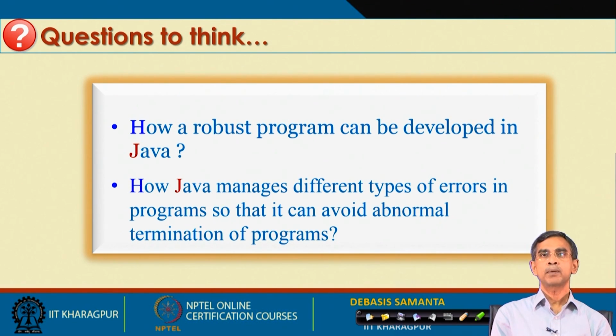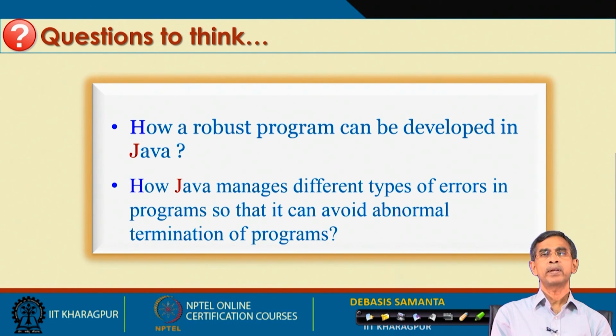Now, our next topic is a very important one, addressing the questions I have mentioned here. It is a big question how a Java programmer, a software programmer, can develop a program which is very robust, that means a fault tolerant program.